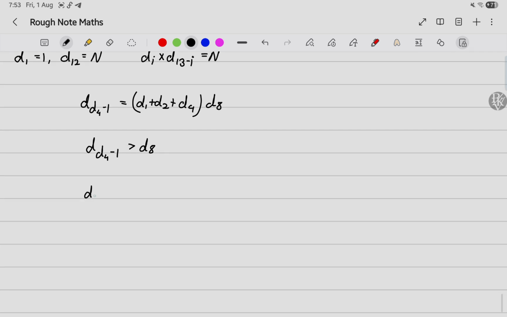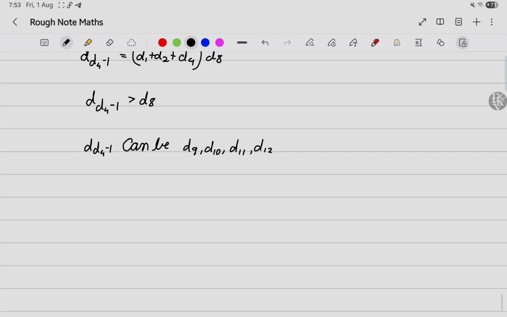Now this means that d4 minus 1 can be d9, d10, d11 or d12.